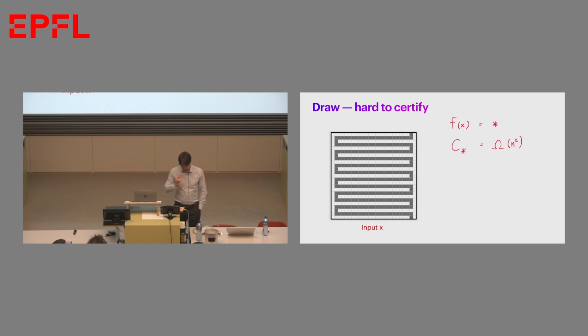Inaugural lecture with a proof. I claim, if you want to certify that this is a drawn input, you have to read almost all of the black cells in this picture. If you pick any one of these black cells, let's say this one, your certificate has to include that cell.